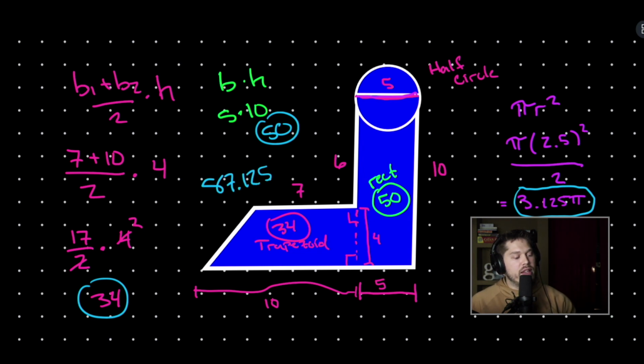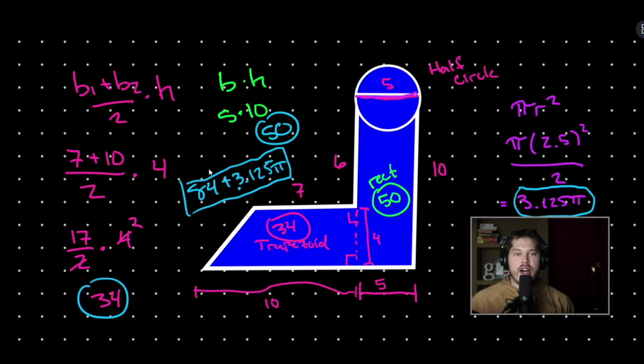And then, really, we can just add these two. So we have 84 plus 3.125 times this pi. We can't combine the 84 and the 3.125 because there's not a pi here. So this would be your final answer. If you wanted a number value, you would just punch that into the calculator and get it.